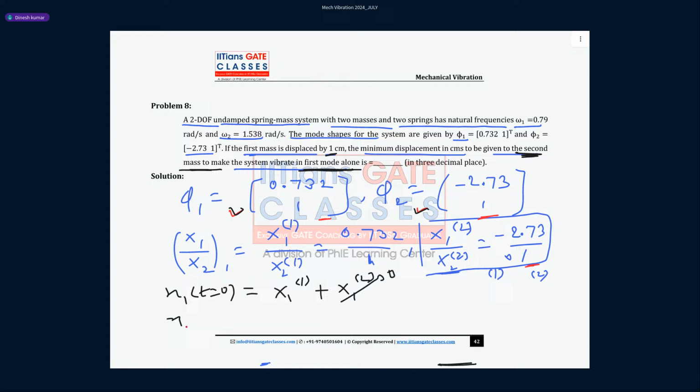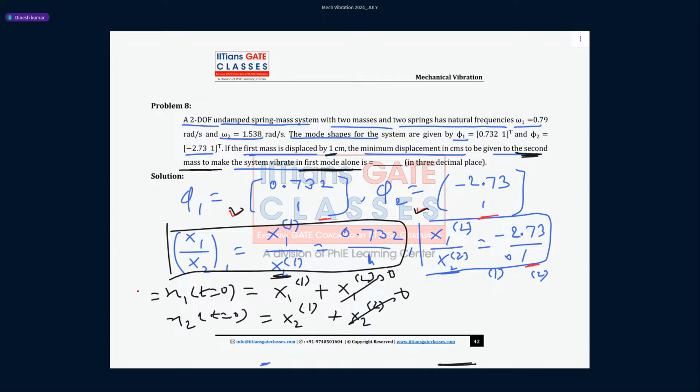Same way, your x2 at t equal to 0 is x2 for first mode plus x2 for second mode. Now this is 0.